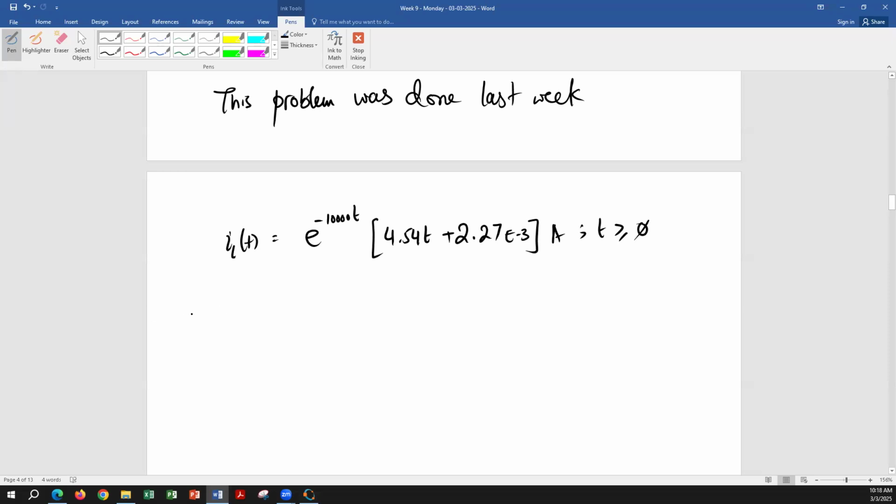And then I ask you to calculate the capacitor voltage. And that is Vs minus L dIL/dt minus IL times (R1 plus R2). And I ask you to solve this.